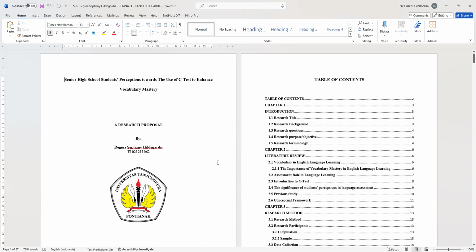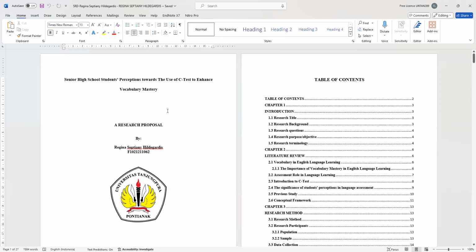Now we come to the next session. We are directly talking about the proposal titled "Senior High School Students' Perception Toward the Use of C-tests to Enhance Vocabulary Mastery."